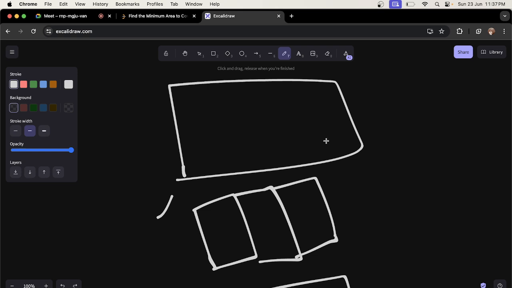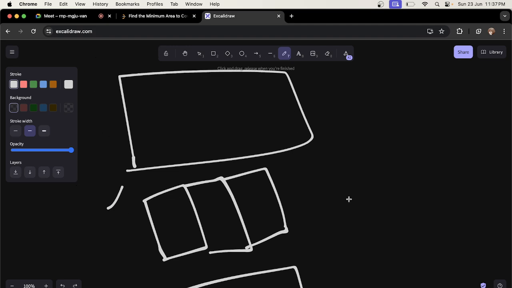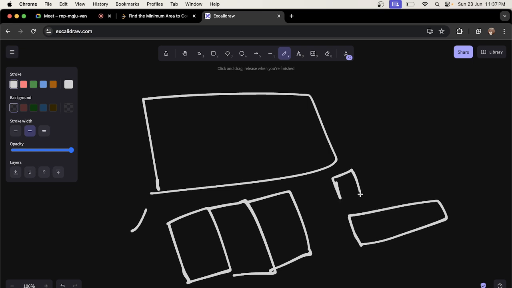The third case can be that we first make a horizontal partition and then make a vertical partition. Okay, this can also be a choice. So the third choice is one horizontal, two vertical, side by side.